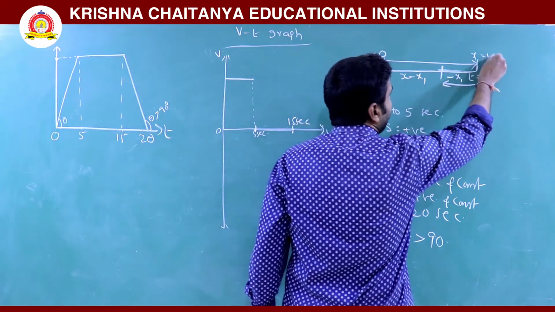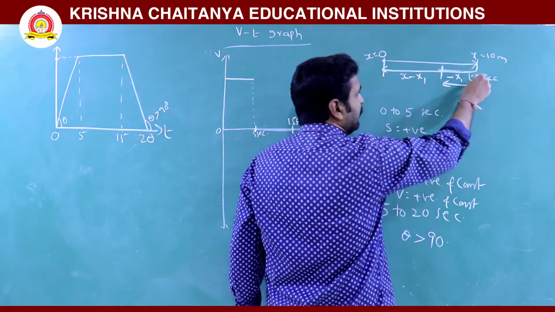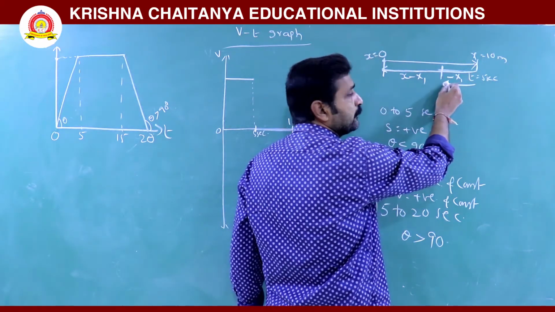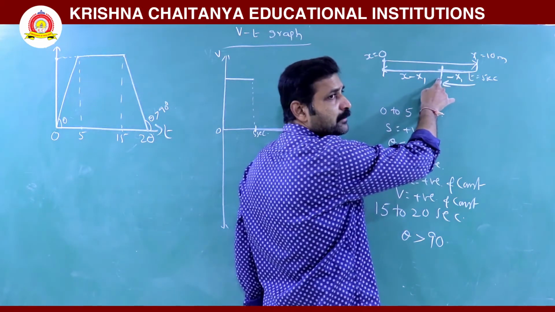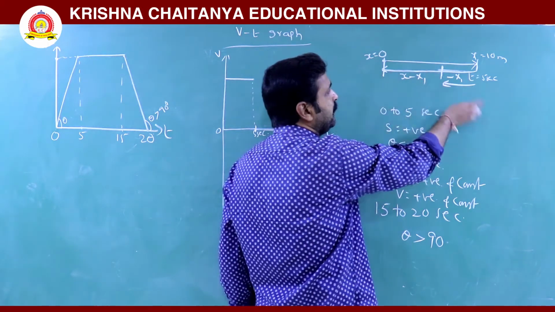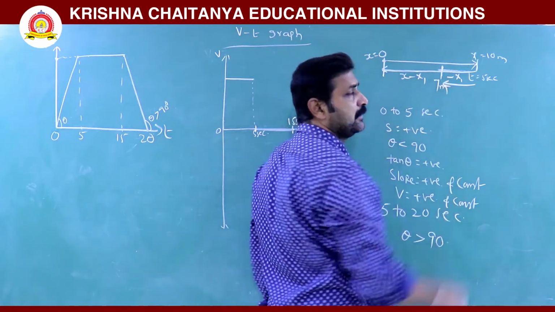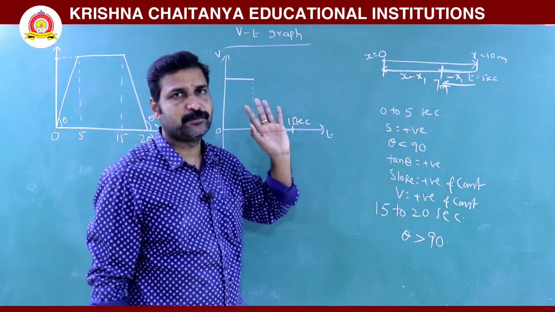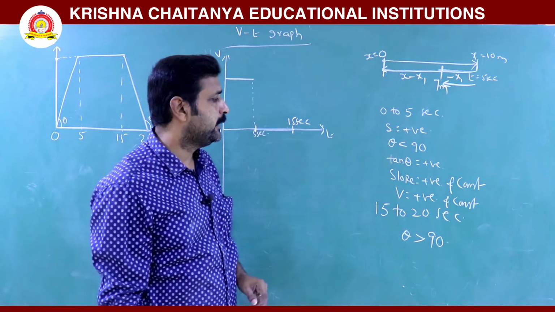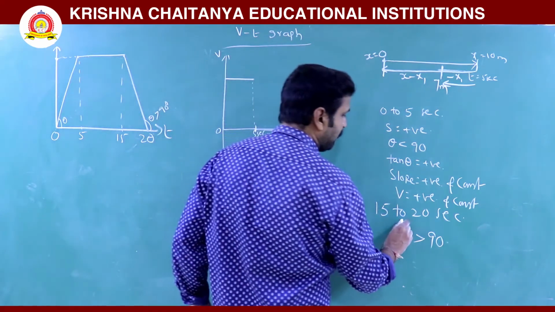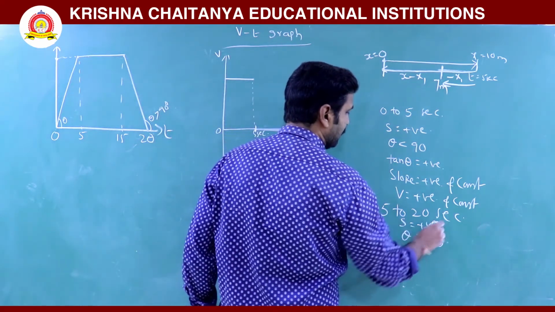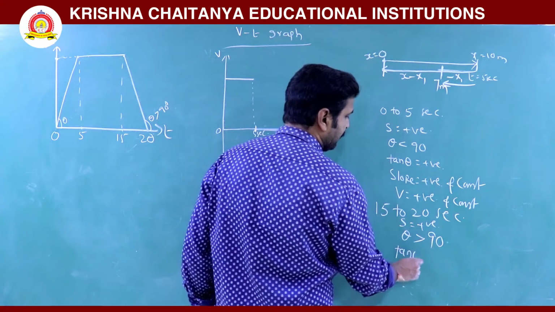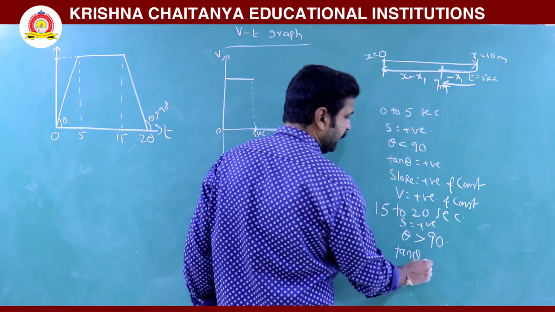If it is 10 meters up to x and 3 meters are travelled back, then origin to here is 7 meters.